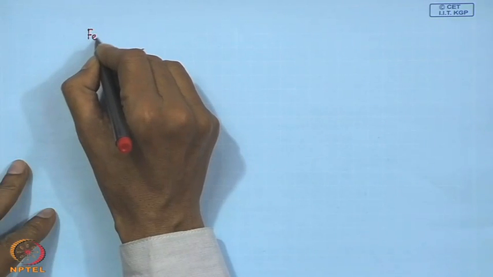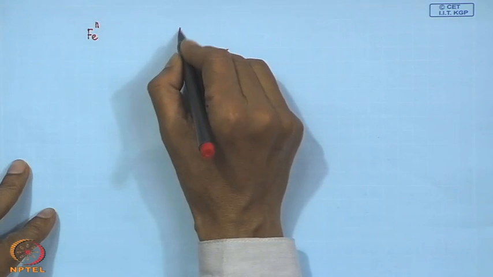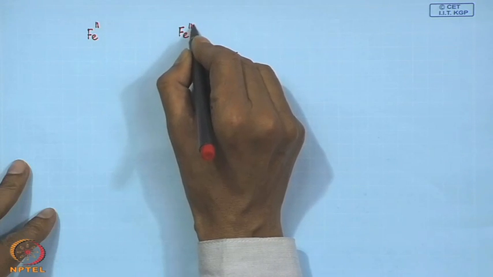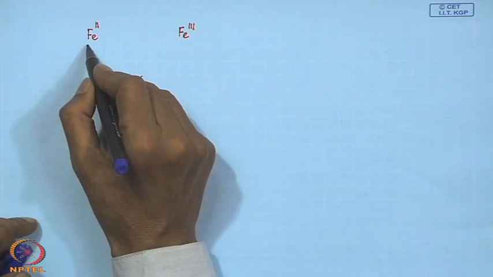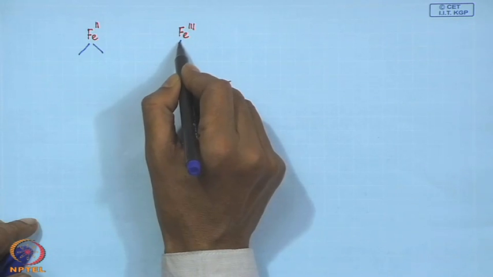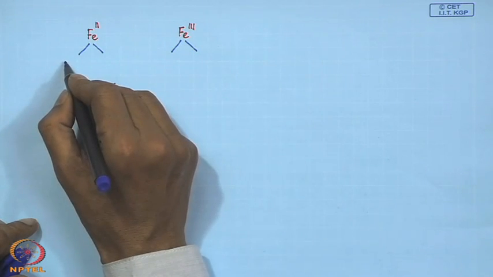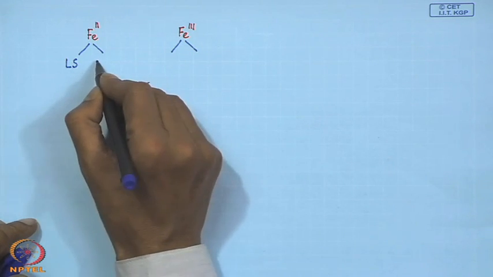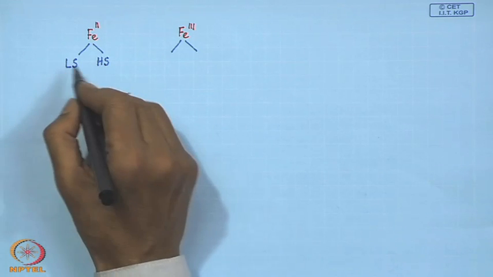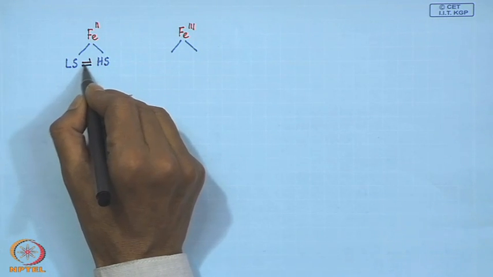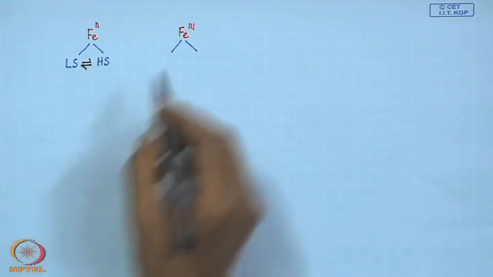So, this spectroscopy can be utilized to identify these 2 oxidation states in several compounds, and if a spin state equilibrium is present, we will see that some equilibrium is operating between the high spin state and the low spin state.